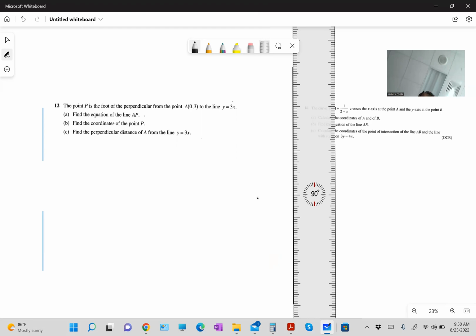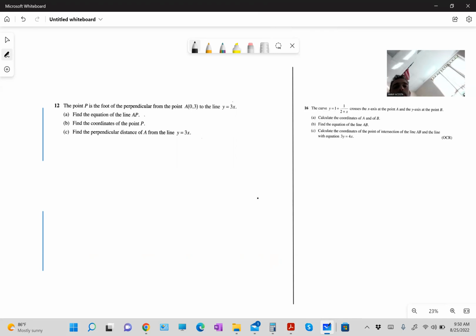So let's do this one. This one's actually not that challenging. It's just, they have 3 parts to it. So the point P is the foot of the perpendicular from the point (0, 3) to the line y equals 3x.